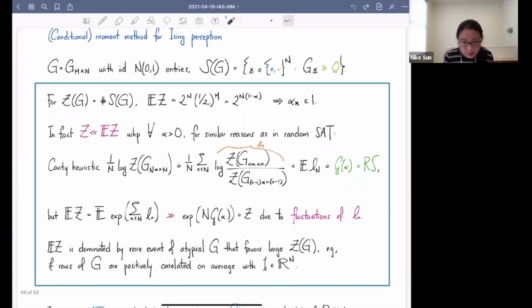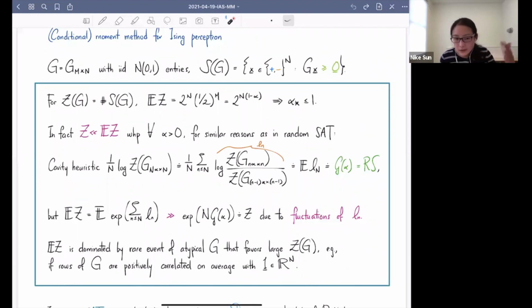Similarly as before, another way of saying it is that the first moment is dominated by the rare event of having some atypical matrix, which is favorable for having a very large number of solutions. Imagine, for example, that the rows of the matrix happen to be slightly correlated with the all ones vector.